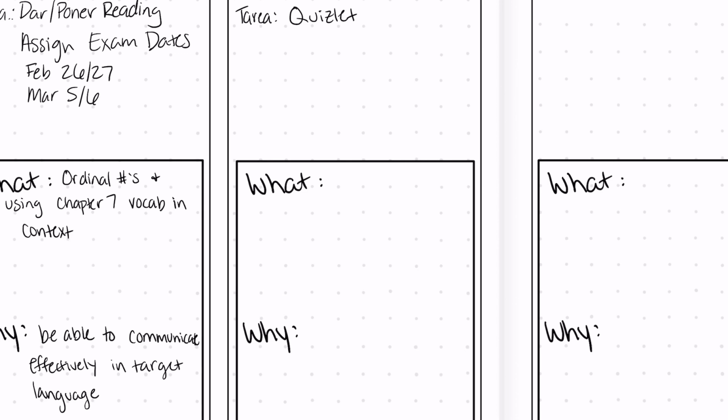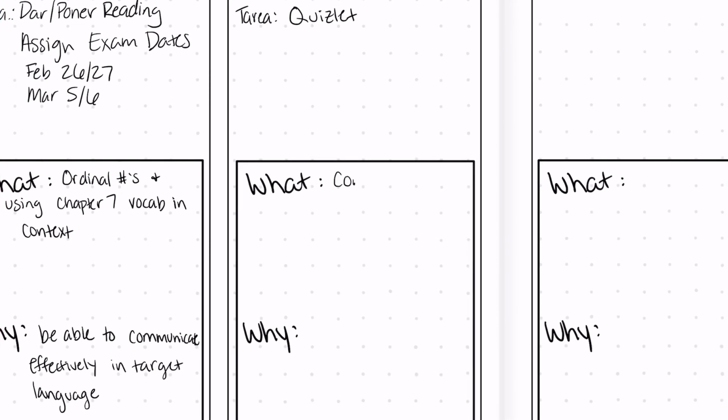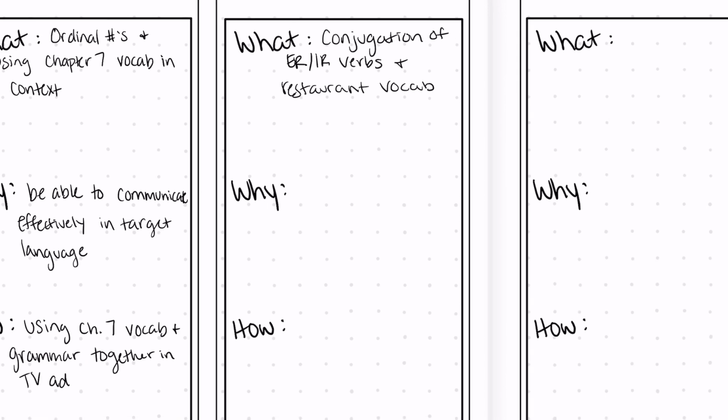So for the what are we learning, we are working on the conjugation of ER and IR verbs, and also restaurant vocab with the story.